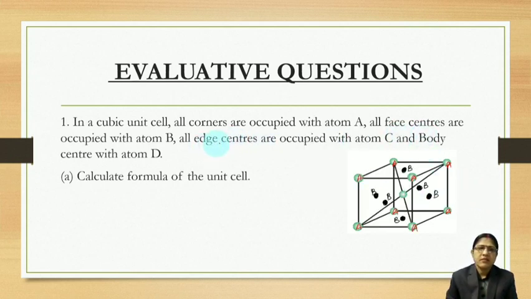Then all edge centers are occupied with C. Edge center. How many edge centers are there? 12 edge centers. This is C. All edge centers.